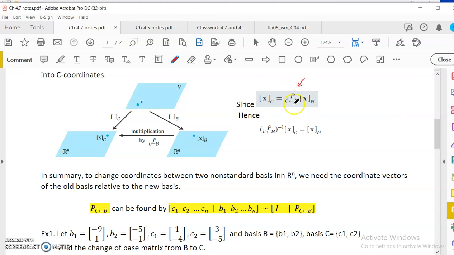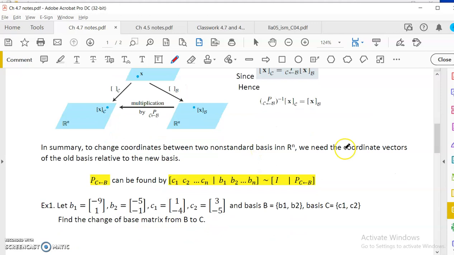Starting with the vector in B, you change it to C, so it becomes a vector X in terms of C. How do I find it? Earlier we said it is found by writing all the B vectors in terms of C. It can be found by doing an RREF, or row equivalence, changing the C vectors into the identity, because that is the inverse.